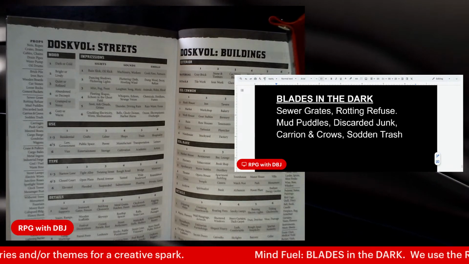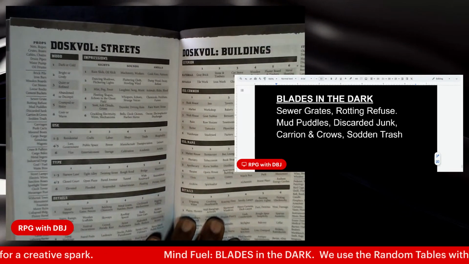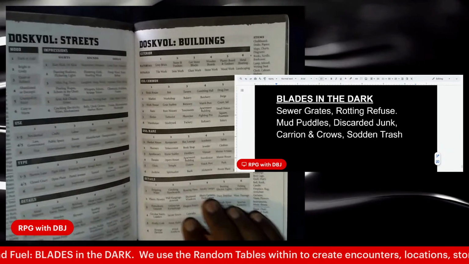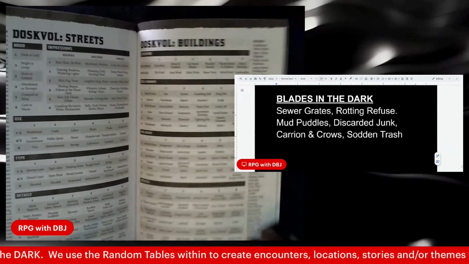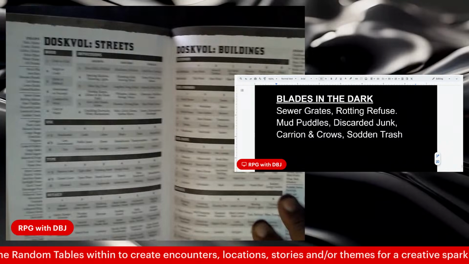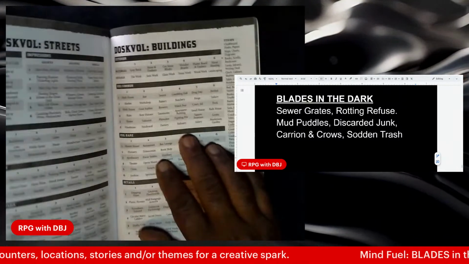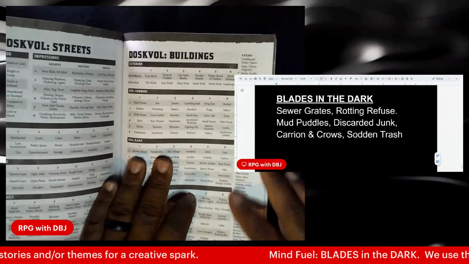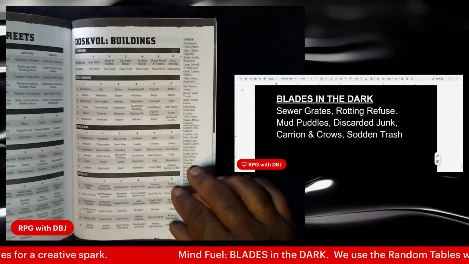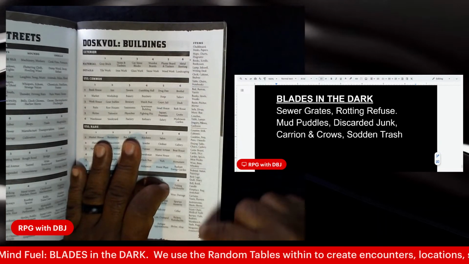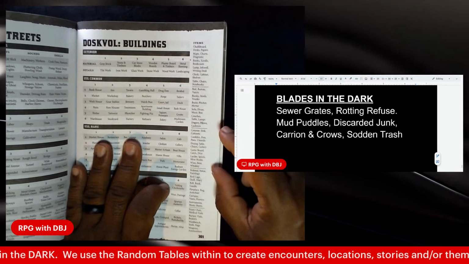So, to the very right of this, Blades in the Dark, page 301. To the left, we have props, and then to the right, they talk about items. And again, these item listings aren't numbered, but they are broken up into chunks.